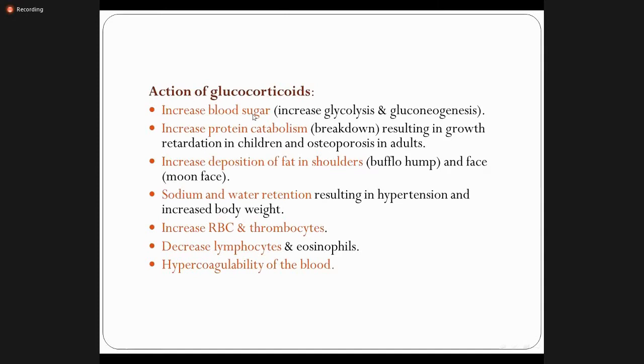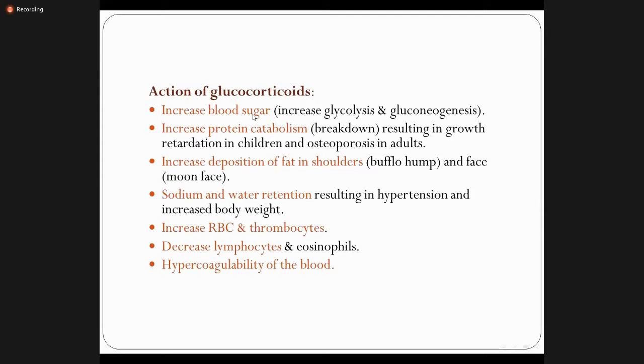So how can we correlate this action of glucocorticoids clinically? In which condition? Diabetes, right? If a patient is diabetic, we have to be very, very careful if we are going to start glucocorticoids, because it will increase the sugar level.